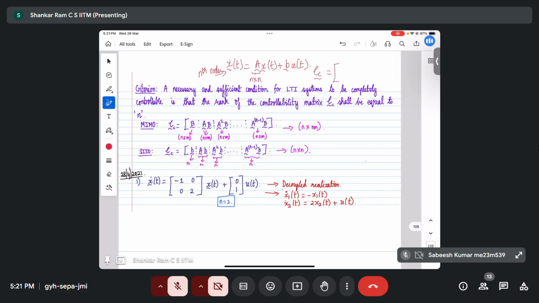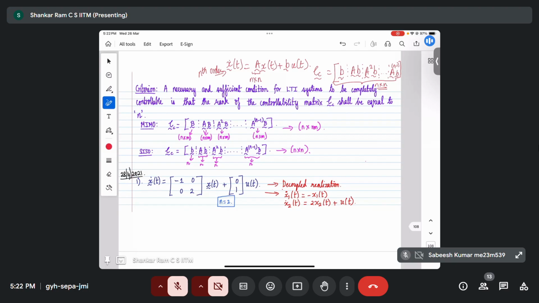So we essentially form an n by n matrix, which is like this. In the first column we write the vector B, then we multiply A and B and write the product, then we multiply A squared with B, and like this we keep going till we multiply A to the power n minus 1 with B. So this becomes an n by n matrix.